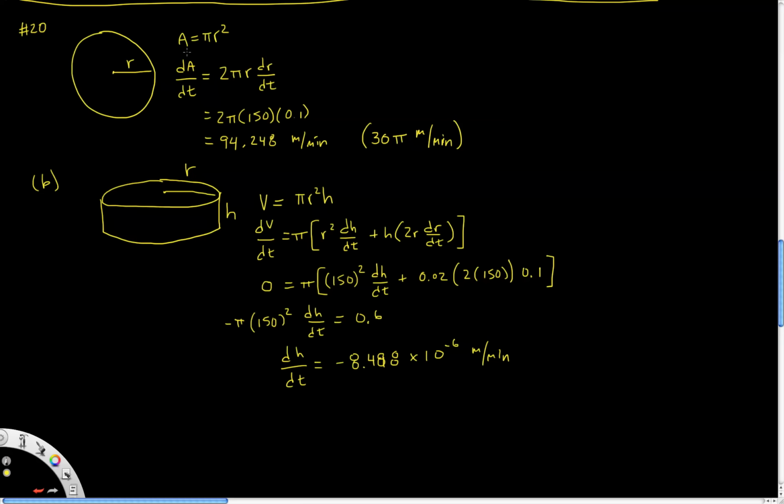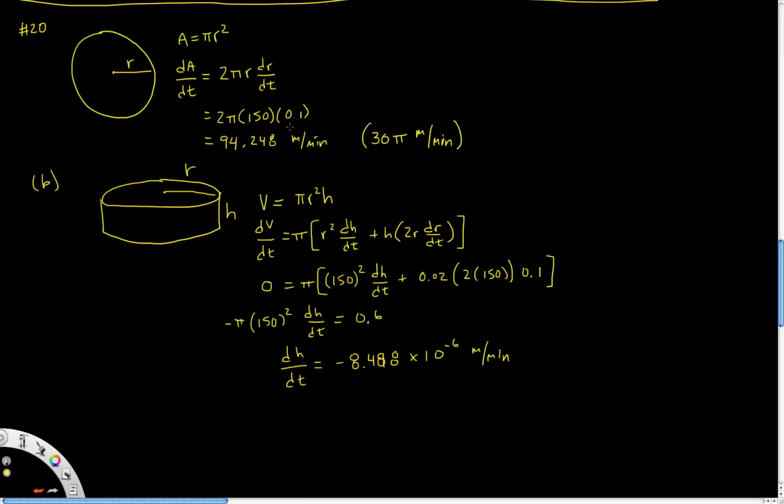Well, the first thing I do is find the relationship between the area of a circle and its radius. That's just pi r squared. Take the derivative with respect to time. So I've got dA/dt equal to 2 pi r dr/dt. And then all I have to do is plug in 150 for r and 0.1 for dr/dt. Both of those were given to me in the problem.